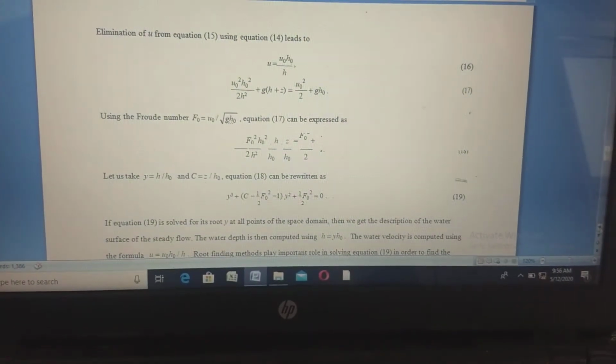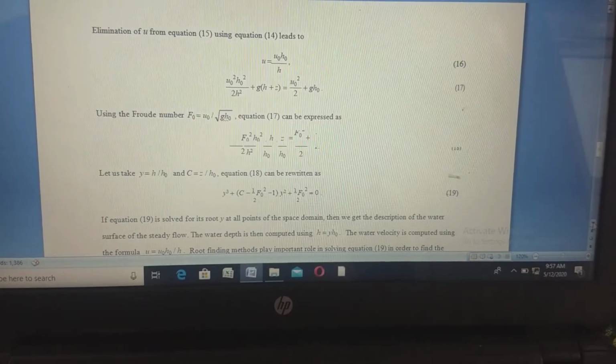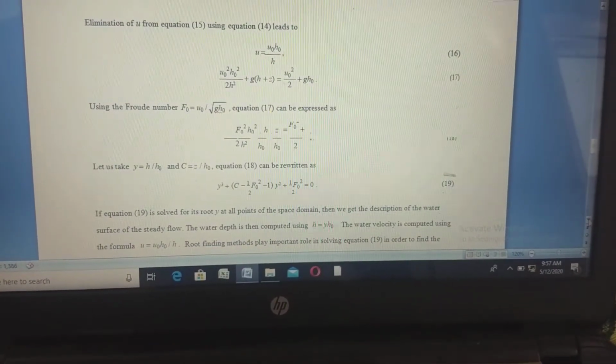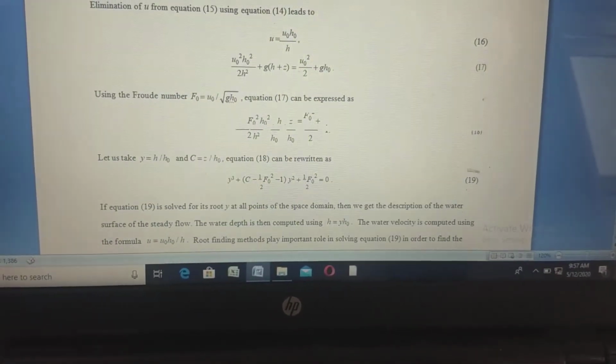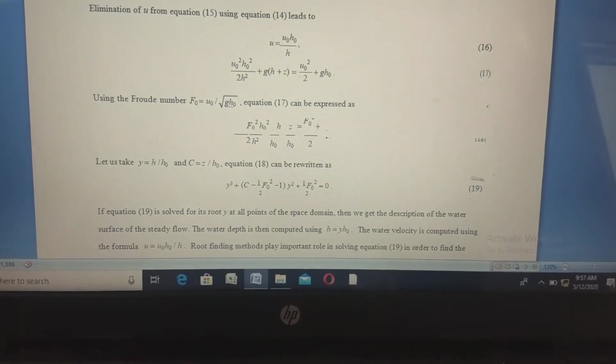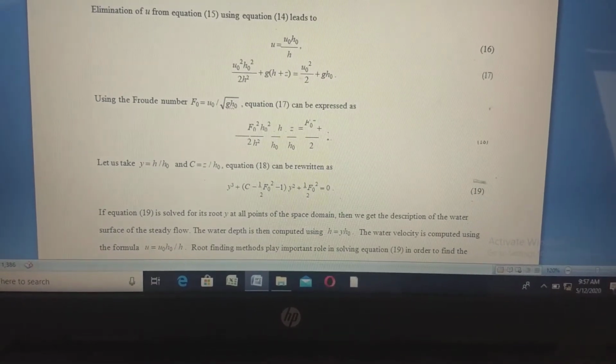Elimination of u from equation 15 using equation 14 leads to u equal to u naught h naught by h, u naught squared h naught squared by 2h squared plus g of h plus z equal to u naught squared by 2 plus g of h naught.